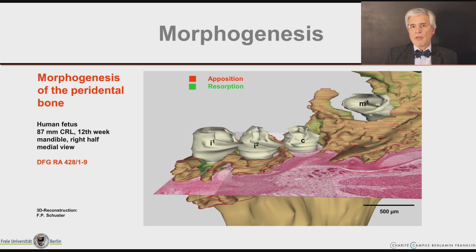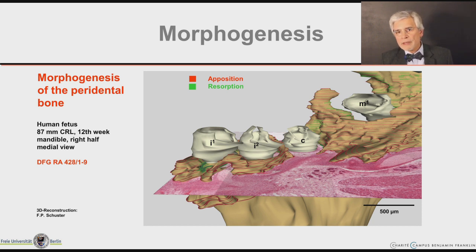Here, a histological section is inserted into the reconstruction as an example. And now you can see the dental primordia, the central and the lateral incisors, the canine and the first molar in the mandible in a medial view. And between the dental primordia, the bony ridges, the edges of the crypts in which the dental primordia are located.